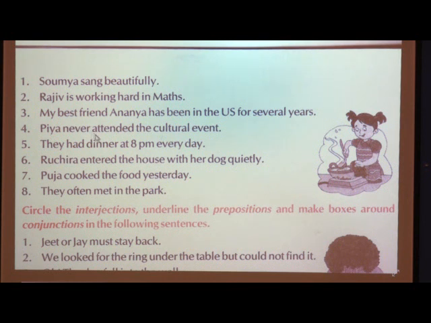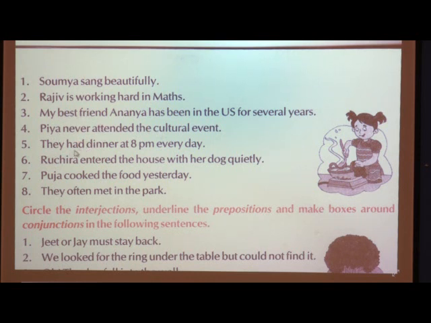Which is a verb? Yes, attended is a verb, so underline attended. And which is an adverb? Never is an adverb, because it tells how often she attended the cultural event. Here you can ask the question how, and then you will get the answer for the adverb. So circle the word never.